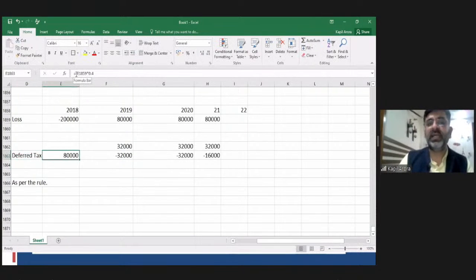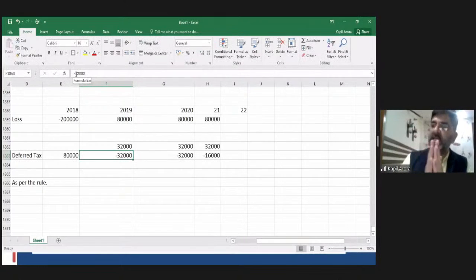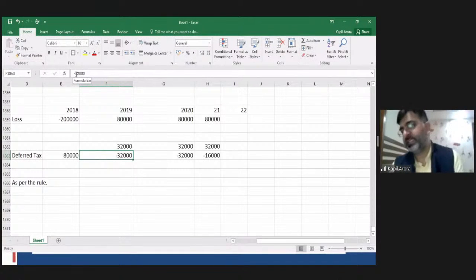And this deferred tax asset will keep on reducing my tax liability going forward. So I will keep on getting the tax benefit going forward. I have just recognized this in the books of the company. So loss is going to lead to deferred tax asset.